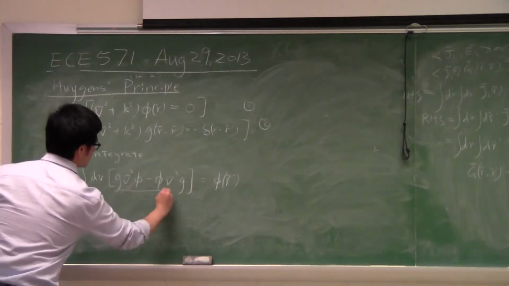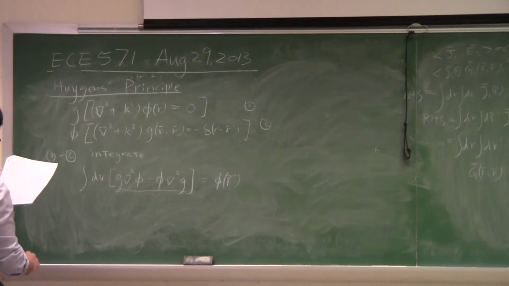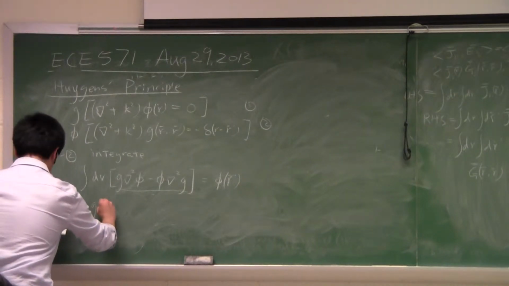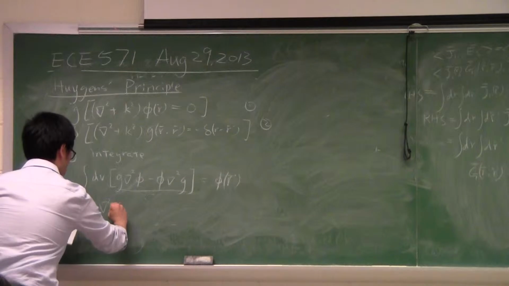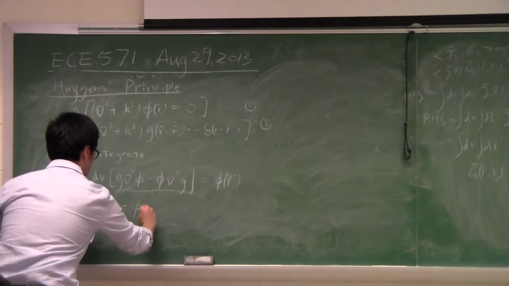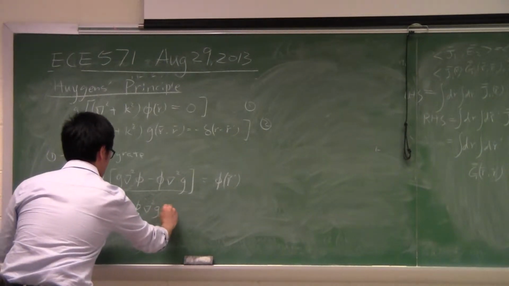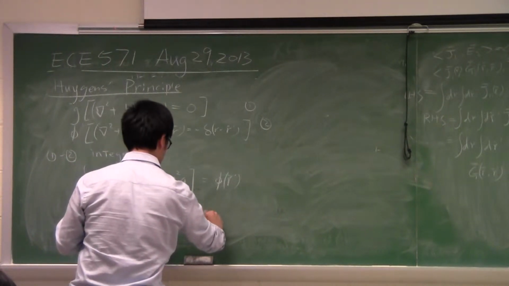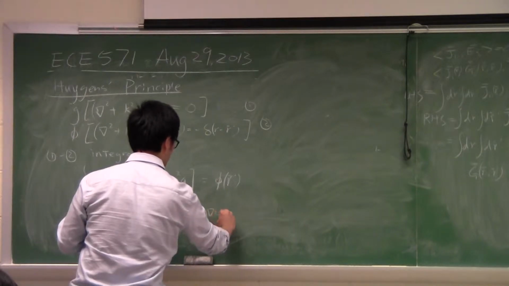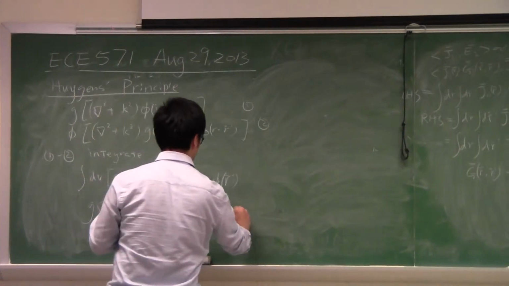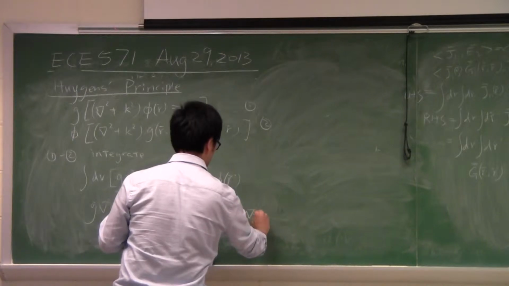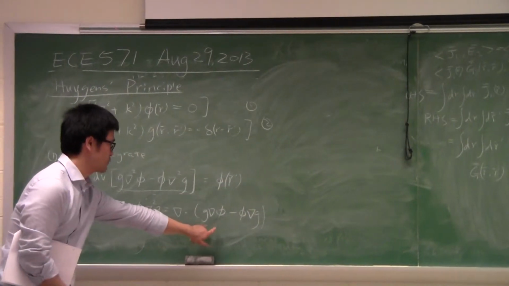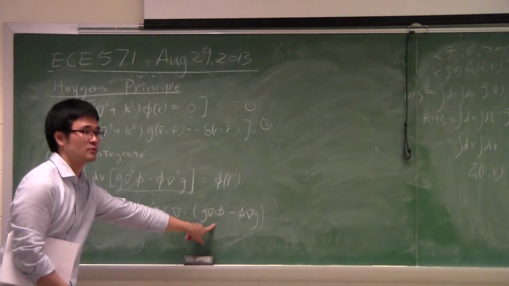So this, we can use another vector identity, which is G Laplacian phi minus phi Laplacian G is the divergence of G gradient phi minus phi gradient G. And if we use the vector identity, we can know that this will break into two terms.